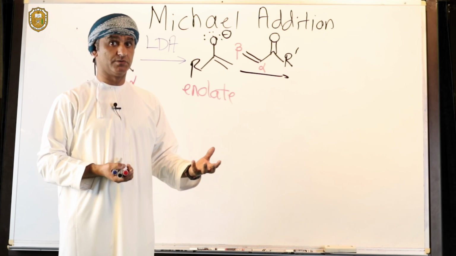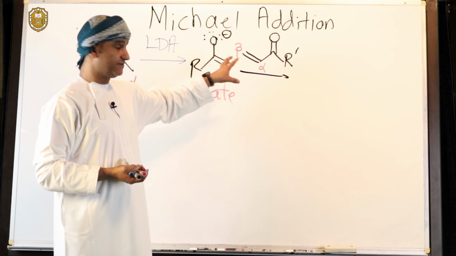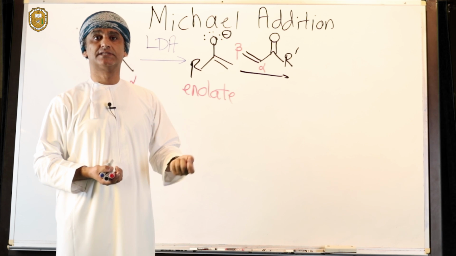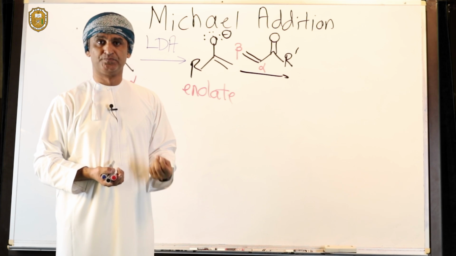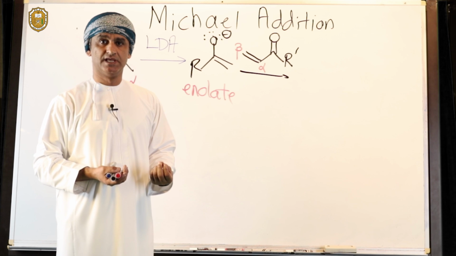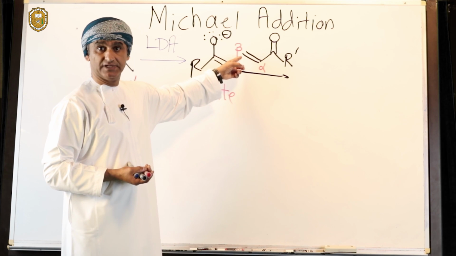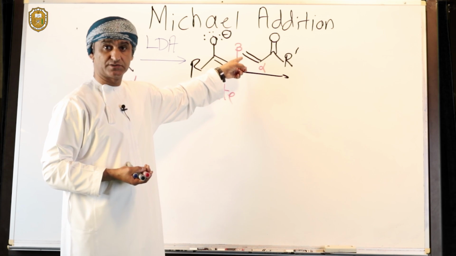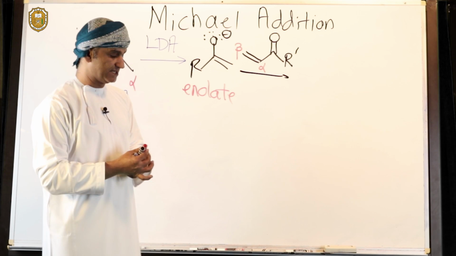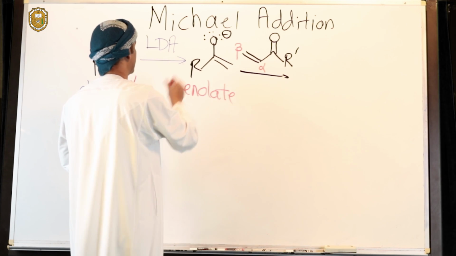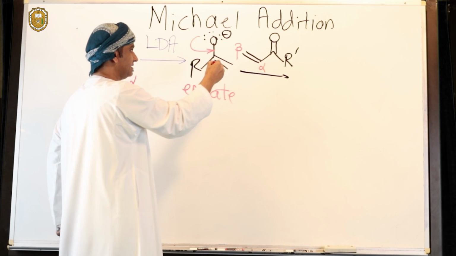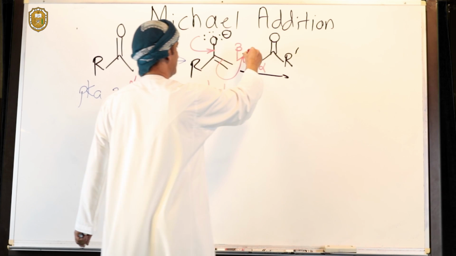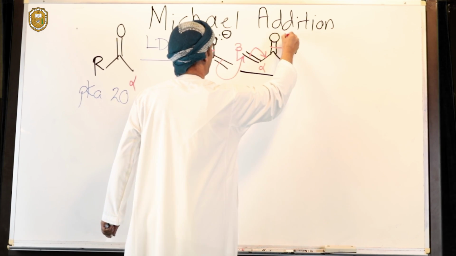Now, if the electrophile is an alpha beta unsaturated carbonyl compound, the enolate can do what's called 1,4 addition, or conjugate addition, which is nucleophilic attack at the beta carbon. We learned before that that position is electrophilic, as shown by resonance. So the enolate can attack the beta carbon of an alpha beta unsaturated carbonyl compound in 1,4 addition.